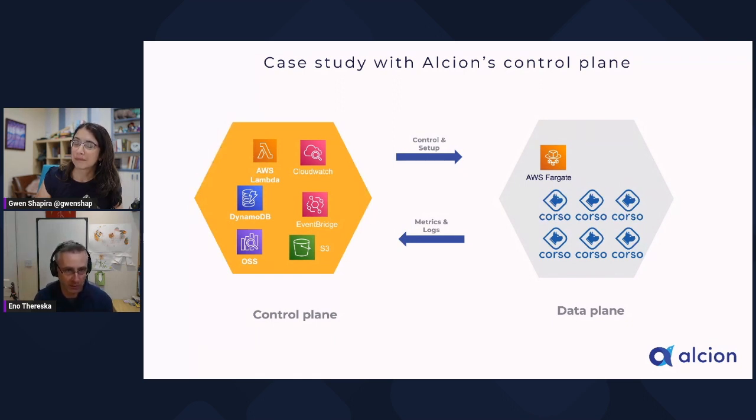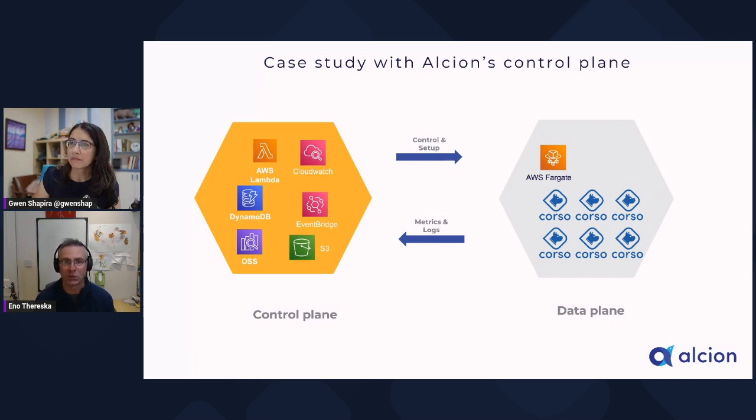We use Lambda quite heavily, and Step Functions, DynamoDB for storing the metadata. I'll talk a little bit about how much metadata is in the control plane. And then on the data plane, we run Fargate, which is AWS's container service. And there, the final thing that runs is Corso, which is the open source product that actually moves the bytes from the source to Alcion, that performs the actual backup and the analysis of the data.